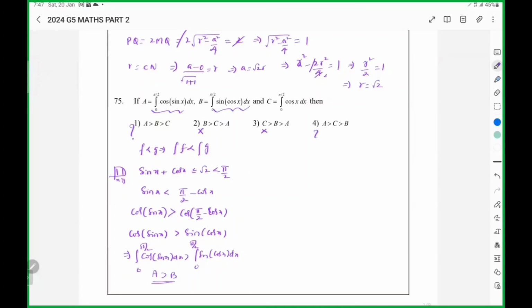So what I suggest you from the exam point of view, instead of trying to establish a relation, you take some value between 0 and pi by 2. I take it as 30 degrees. Then cos of sin x, sin of cos x: sin 30 is half, cos 30 is root 3 by 2 radians. 1 radian is 57.3 degrees.